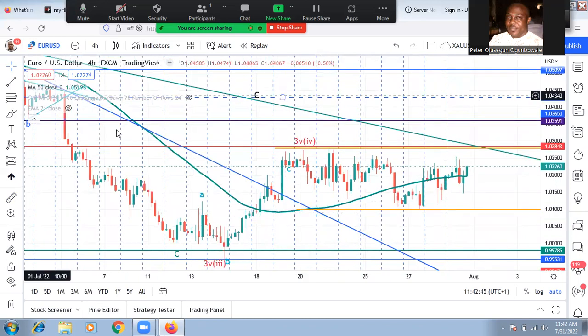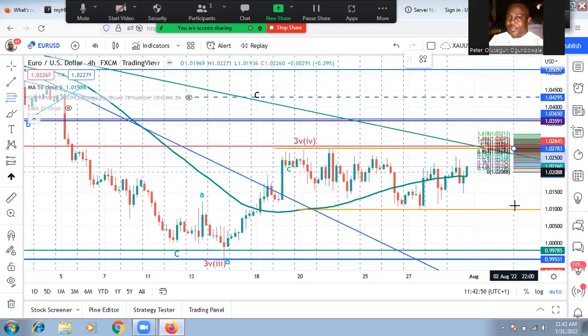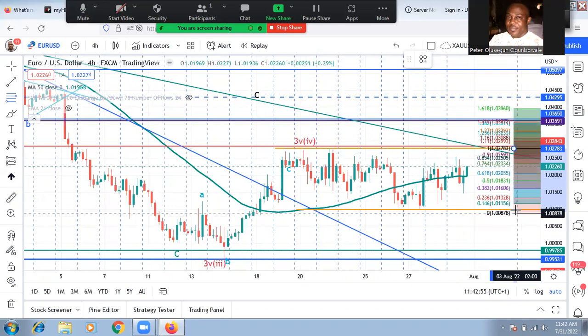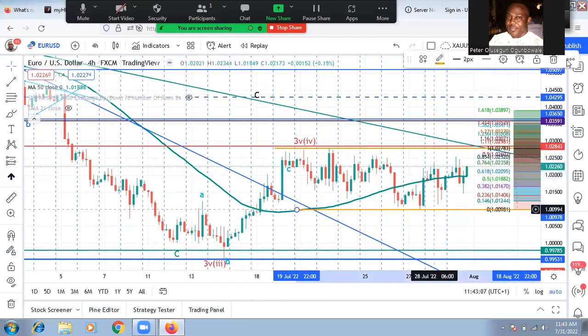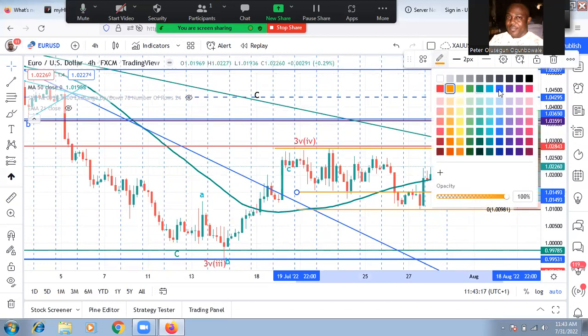Of the old move from here to this point. So this is an area that I want to put an entry. This is what I'm going to do.